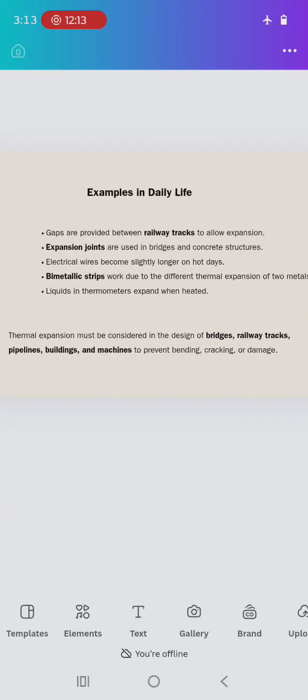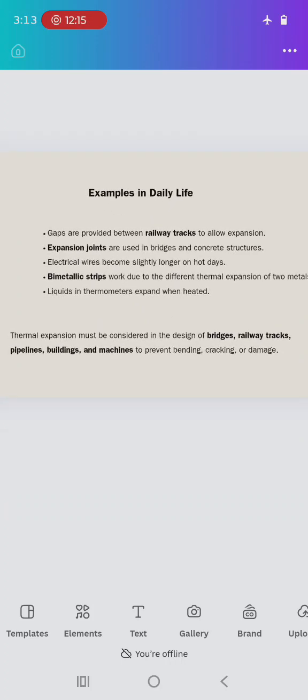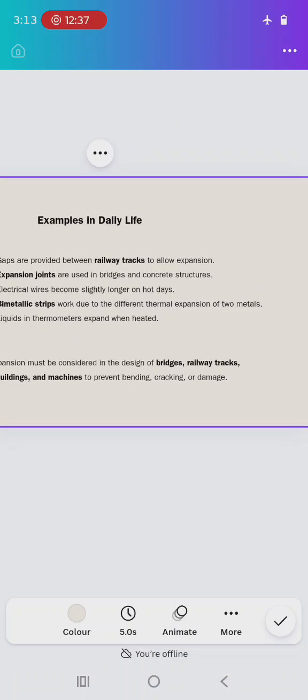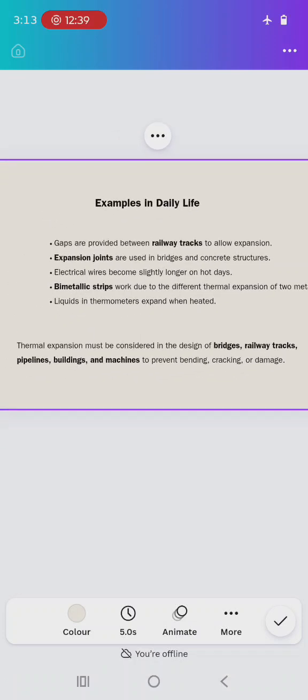The examples in daily life. The gaps are provided between the railway tracks to allow expansion. Expansion joints are used in bridges and concrete structures. Electrical wires become slightly longer on hot days. Bimetallic strips work due to the different thermal expansion of two metals.